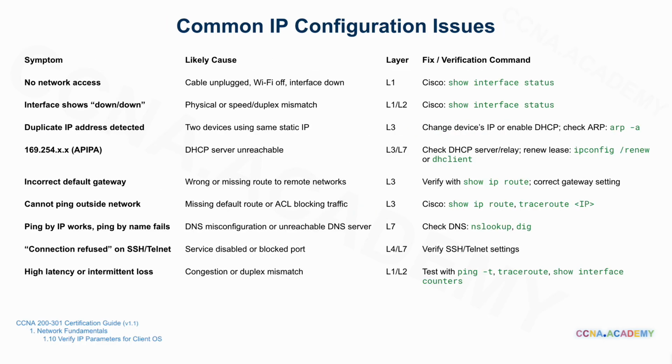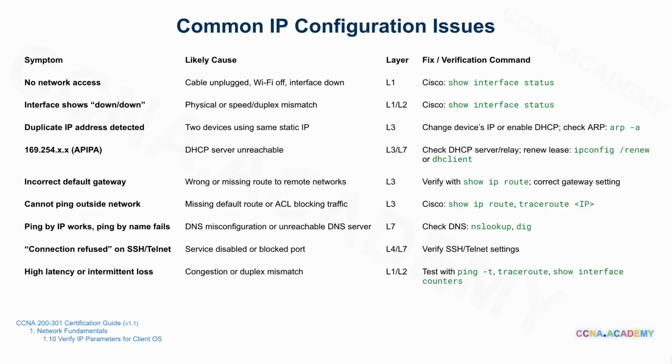Here, we take that same layer-by-layer logic and apply it to real symptoms. If you see no network access, think Layer 1, check cables or Wi-Fi. An interface showing down/down points to a physical or duplex mismatch. A 169.254 address means DHCP isn't reachable, while a duplicate IP is a Layer 3 conflict.